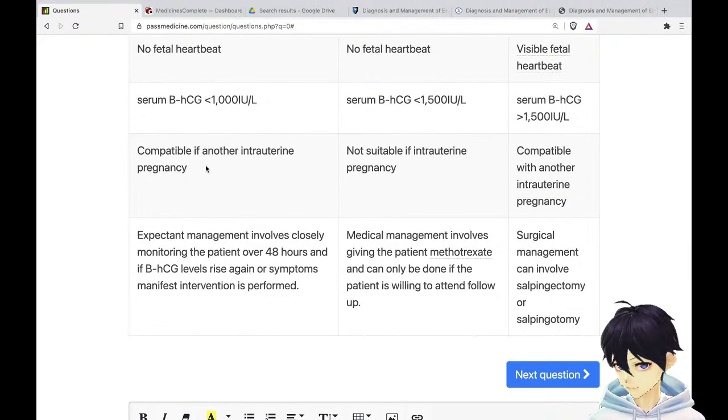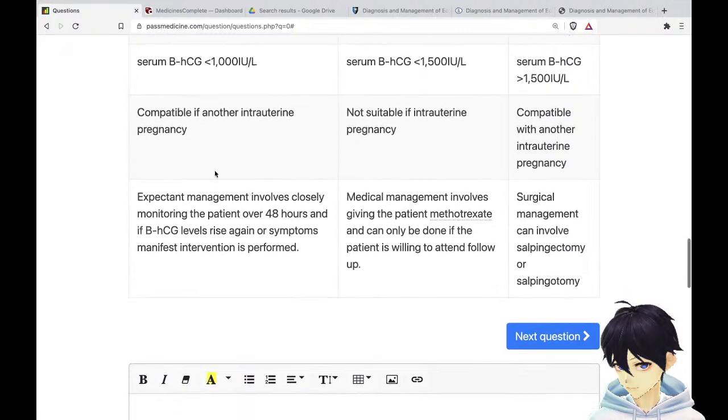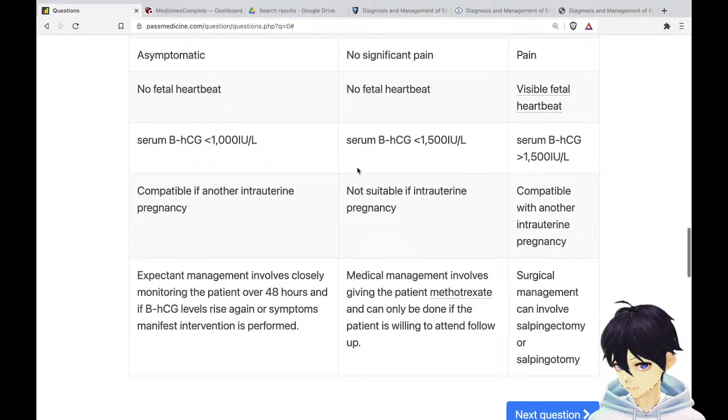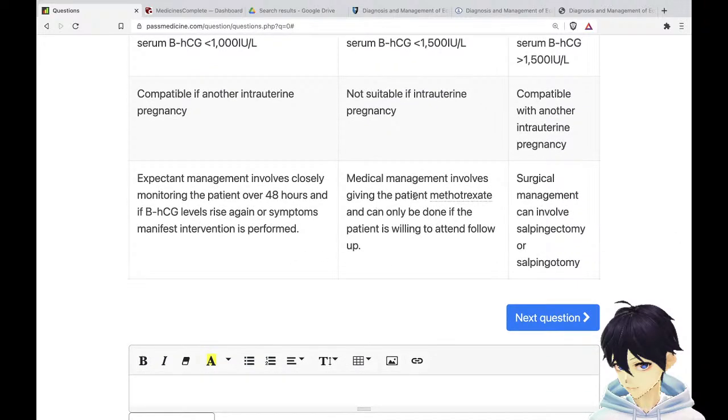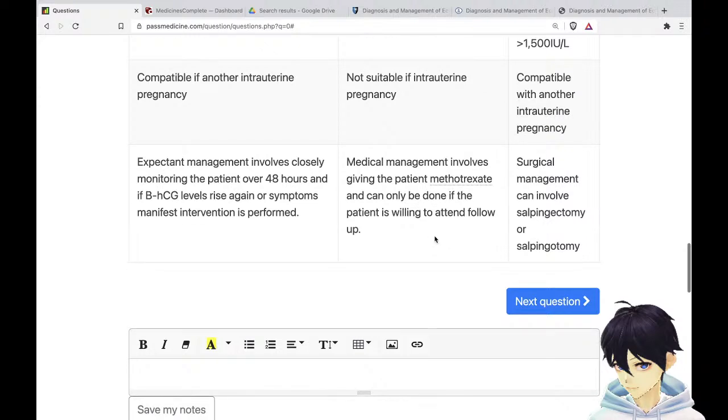Or if you're not doing anything, it probably won't affect the other pregnancy anyway. And then the last difference here is expectant management involves closely monitoring the patient over 48 hours, and if beta HCG levels rise again or symptoms manifest, intervention is performed. Medical management involves giving the patient methotrexate and can only be done if the patient is willing to attend follow-up.